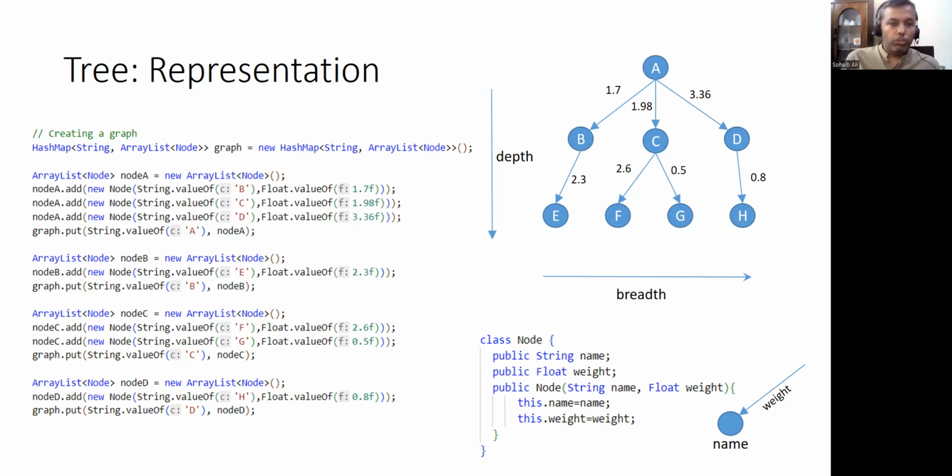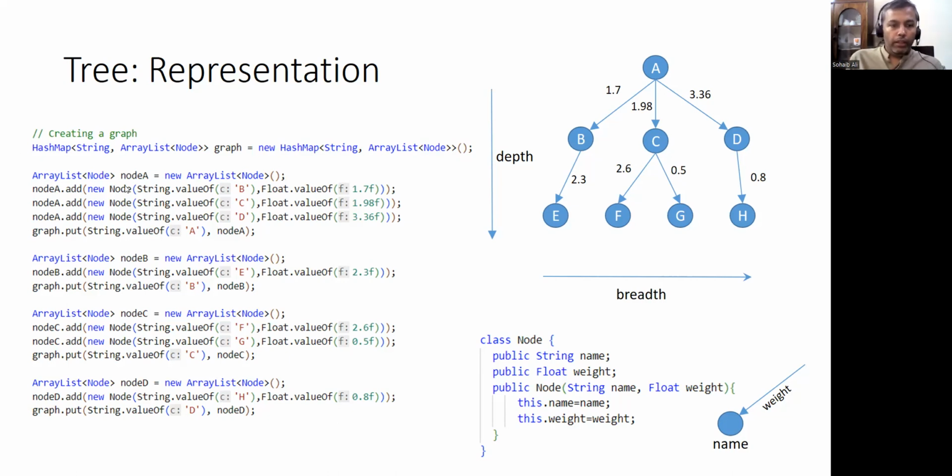And then I'm going to put the string value of this node A as key and the associated children of node A as value. Okay. So the key-value pairs will be the parent's name as a string and all of the children, represented as an array list of nodes associated with that parent name, as the value of this particular key.